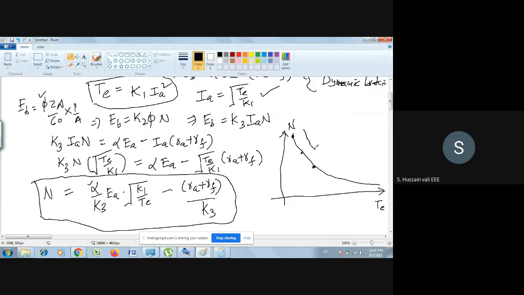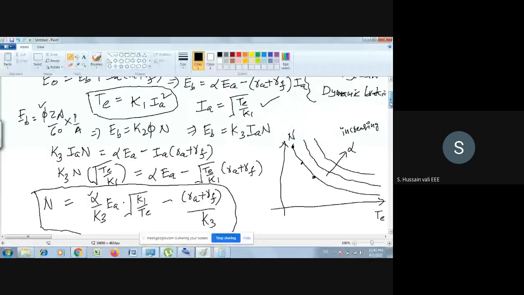This graph will go upwards when you increase alpha. You can check yourself because more alpha is there. So this is the relationship between speed and torque for the DC series motor in motoring condition.